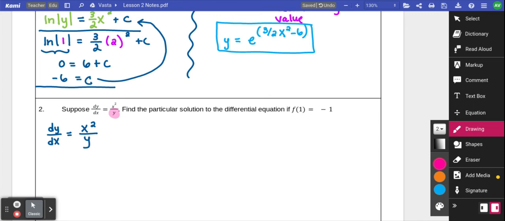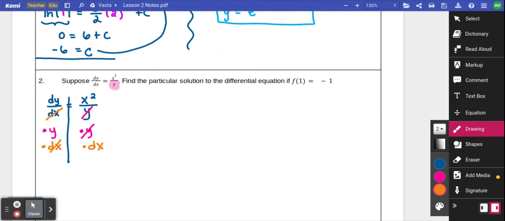In order to find the solution to the differential equation, we're going to need to separate the x's and the y's here. So in order to move all of the y stuff to the left-hand side, I'm going to start by multiplying by y on both sides. And that's going to cancel the y on the right. I'm also going to multiply by dx on both sides, and that's going to cancel the dx on the left.